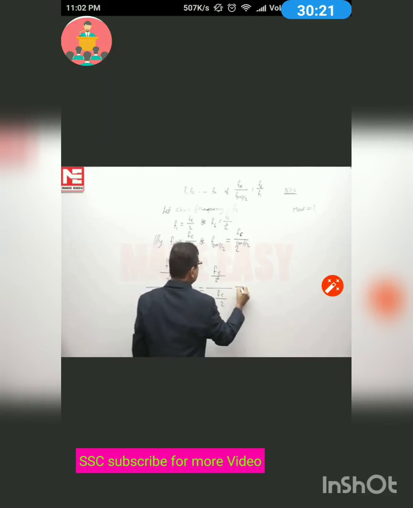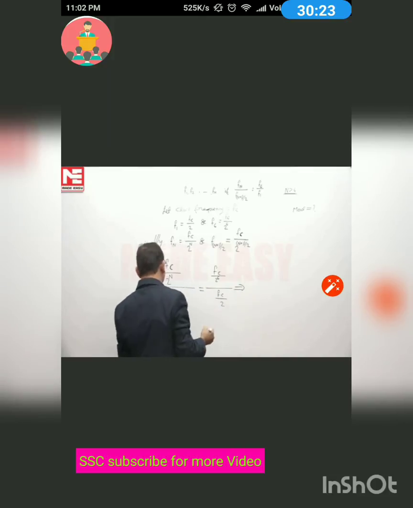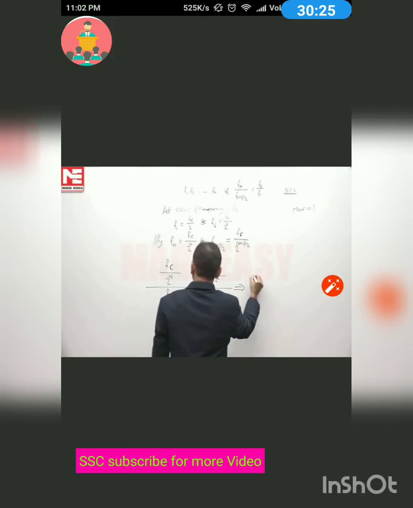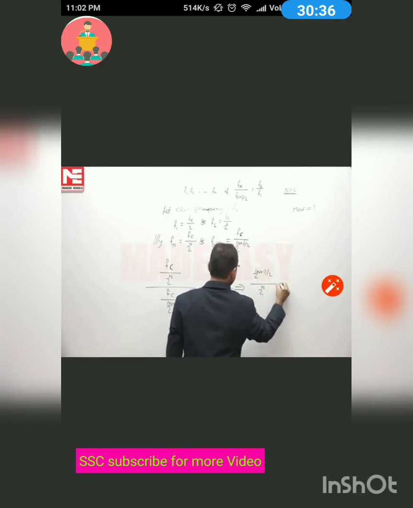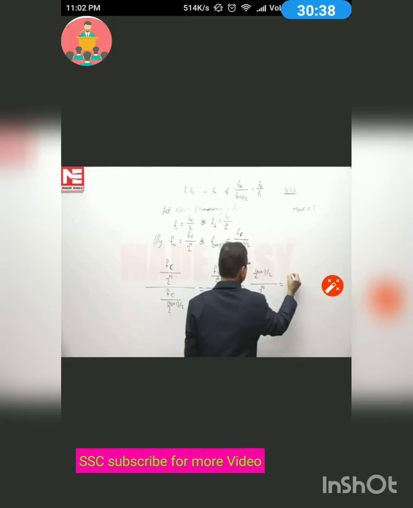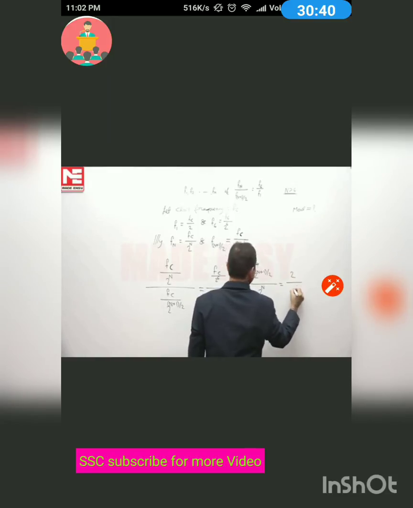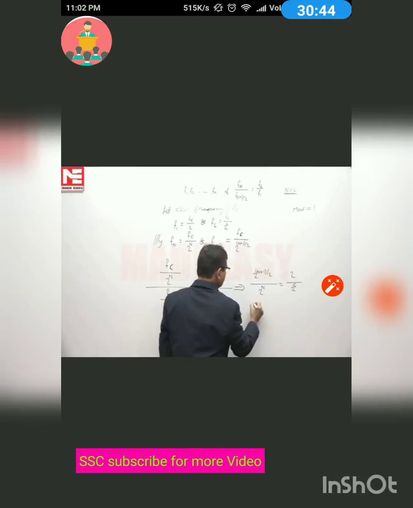So from this we effectively get 2 to the power of (n+1)/2 divided by 2 to the power of n is equal to 2 by 2 to the power of 6. So it is coming to be 1 upon.